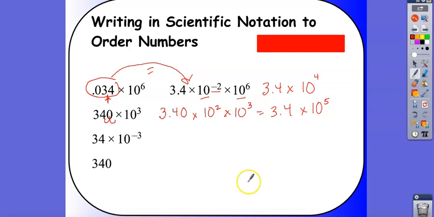Now when we did this in class, I actually physically put an eraser, I have a magnet eraser, that helped a little bit. Let's try this one. Okay, I'm going to ignore this. I'm going to look at 34. Can you write 34 in scientific notation? Because it's not in scientific notation right now.